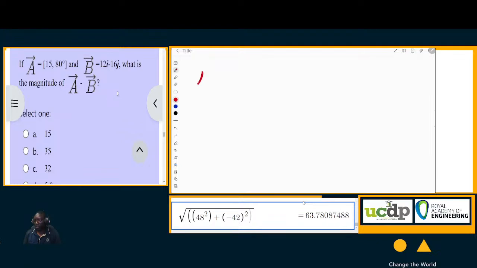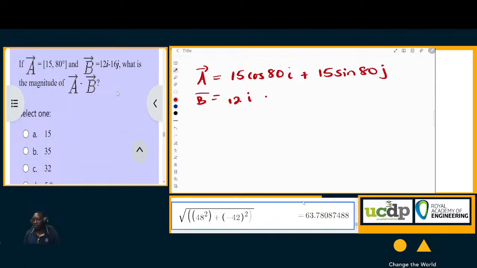So we've got vector A being equal to 15 cos 80 i plus 15 sine 80 j. And vector B is 12i minus 16j.